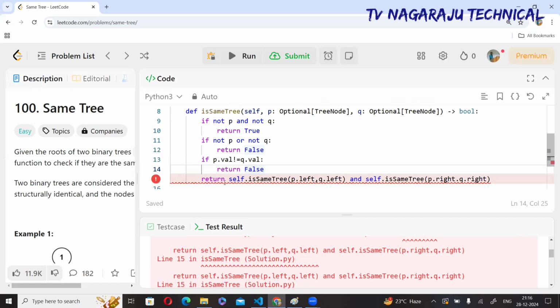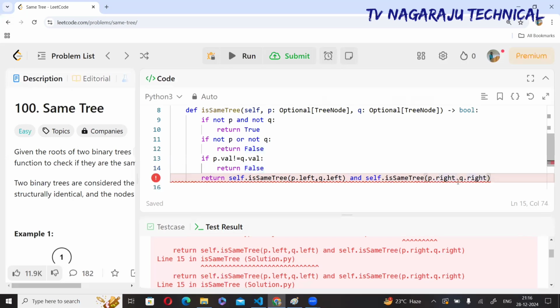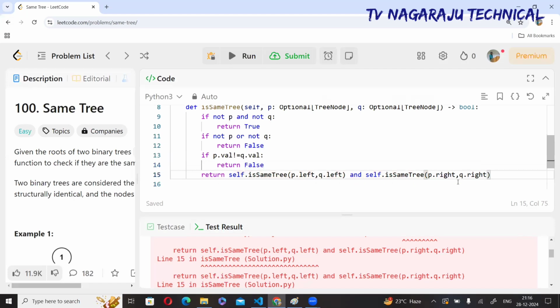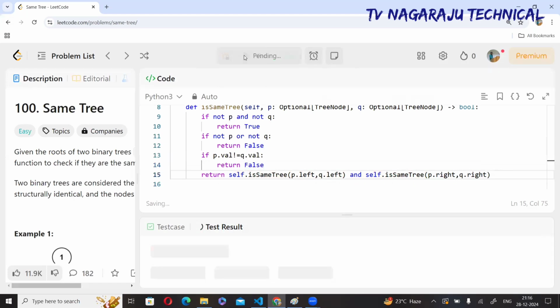This is right. And return self.isSameTree of p.right, q.right. By mistake I gave a full stop instead of a comma. Run. Okay, this is for left checking and the second one is right checking, and at the same time you need to compare both. If both are okay, then only can we say the trees are the same or different.